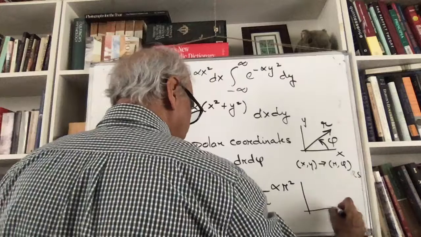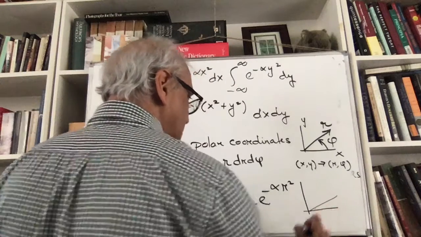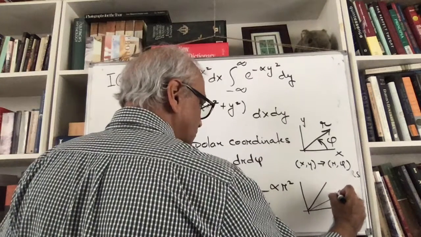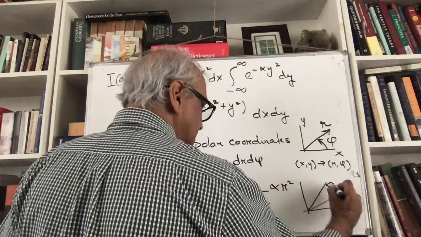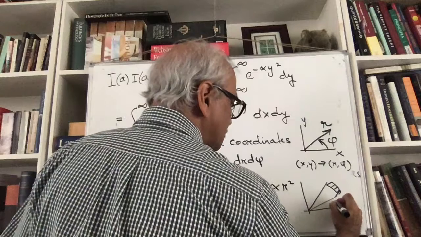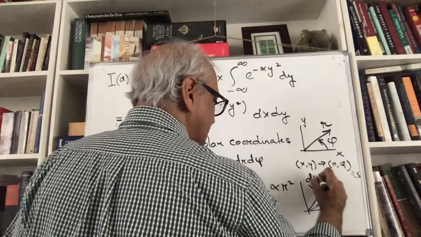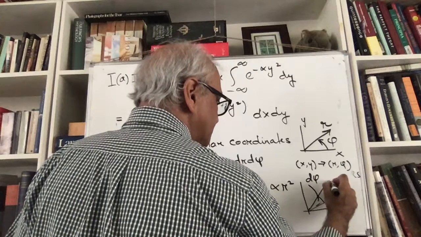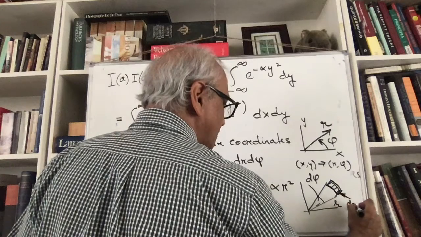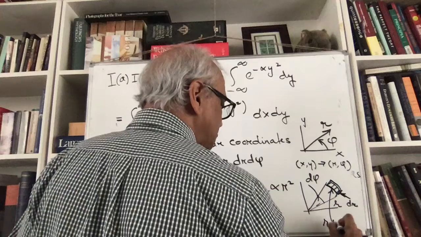just a little bit of a hint that I can give is that if you look at a particular dr, for example, I'm looking at this area right here. This is your r, this is your d phi, so your dr would be this area, and this right here would be r d phi.